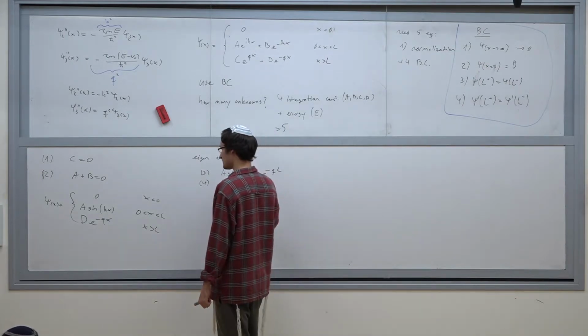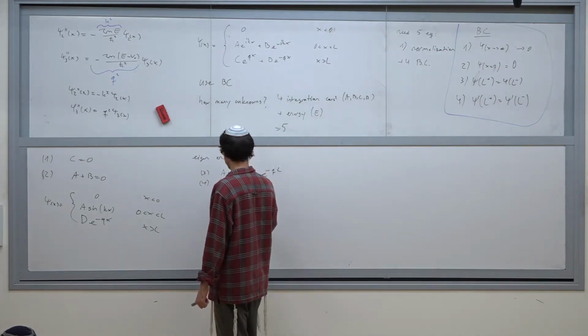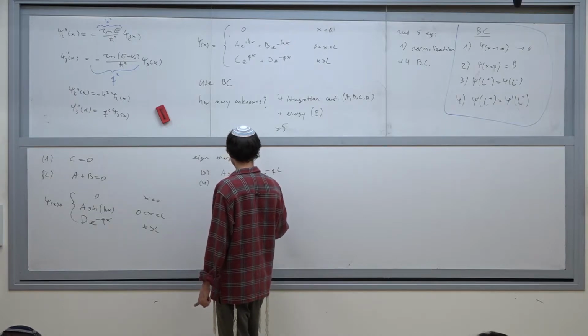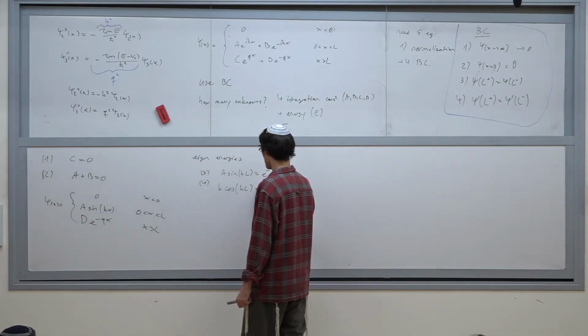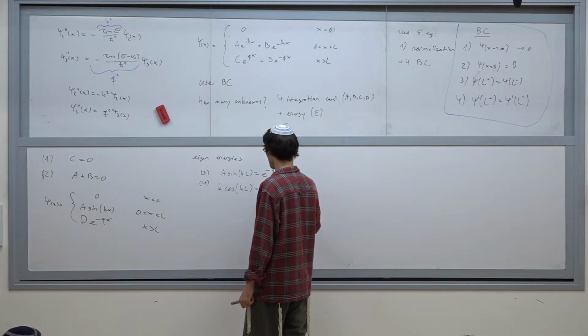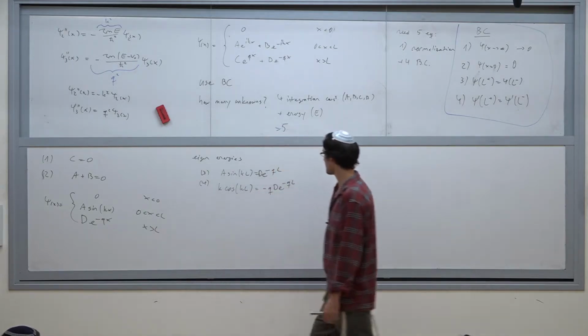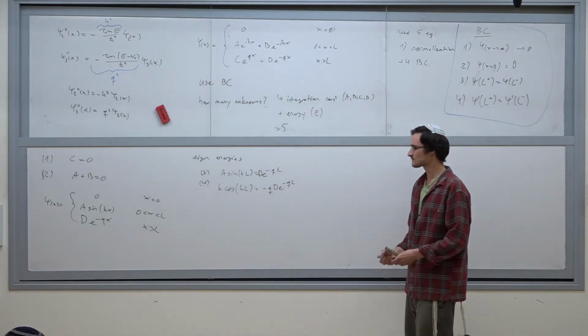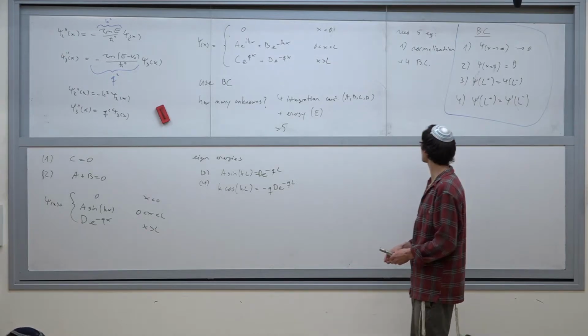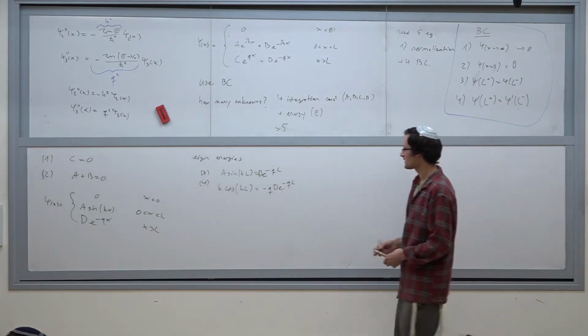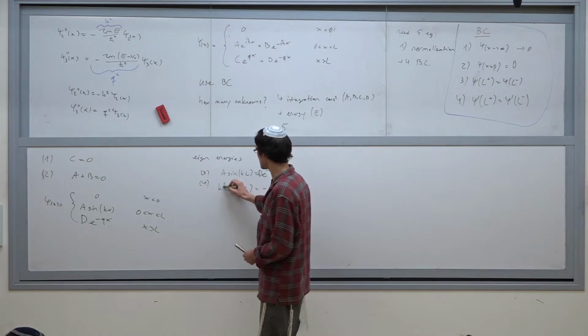So we get A K cosine KL equals minus Q D e to the minus QL. Right? That's conditions 3 and 4. I'm missing an A as well. Oh my God.